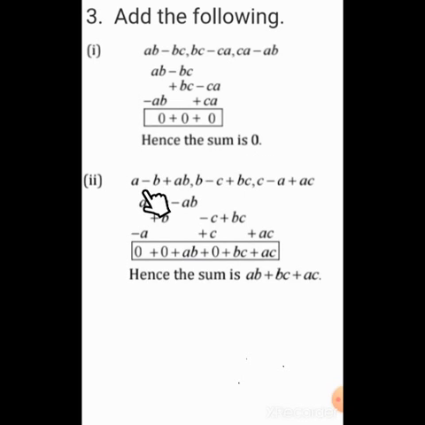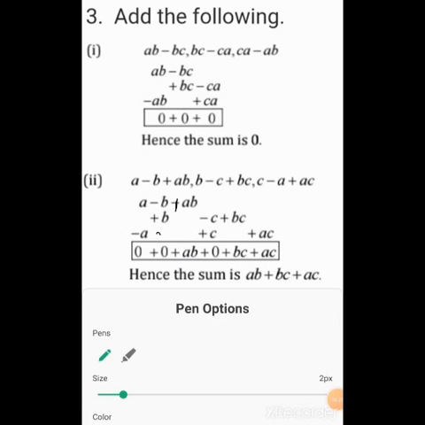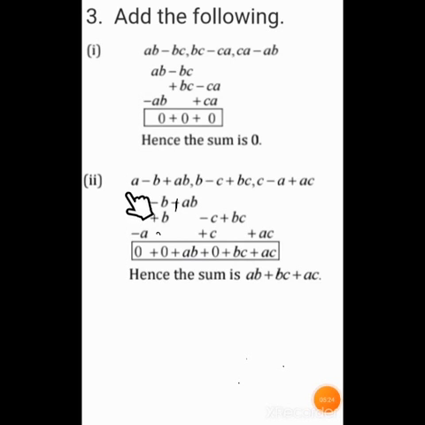Second one: A minus B plus AB, B minus C plus BC, C minus A plus AC. In the first expression, A minus B plus AB.